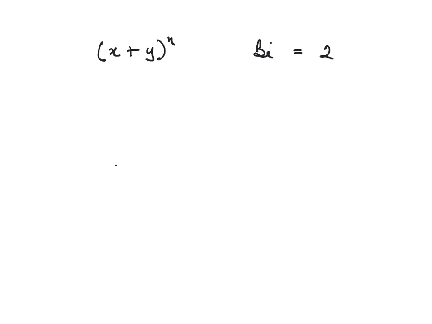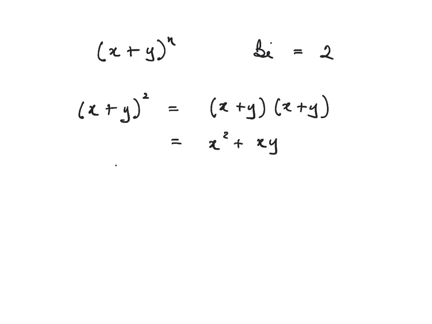Now, if we consider a nice simple bracket, (x + y)^2, we know what to do with that. (x + y)(x + y). So expand, we get x squared plus xy plus xy plus y squared, and that simplifies to give this.